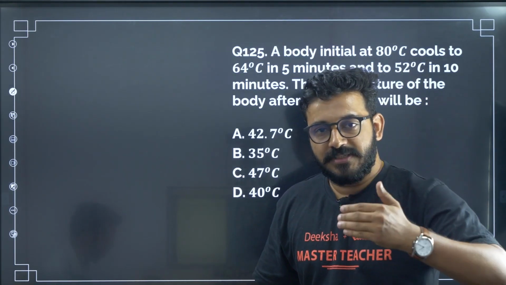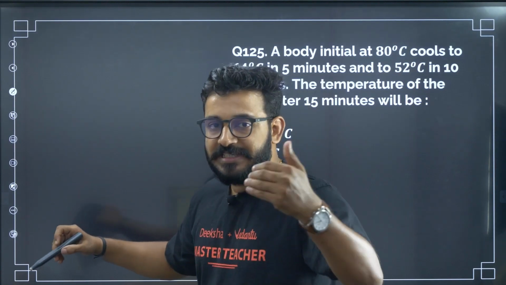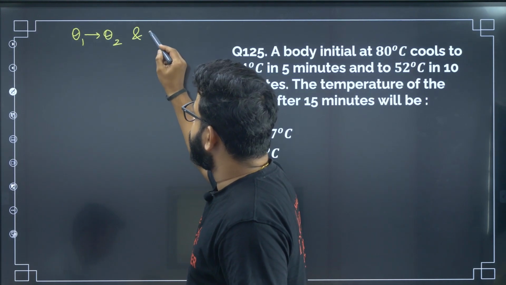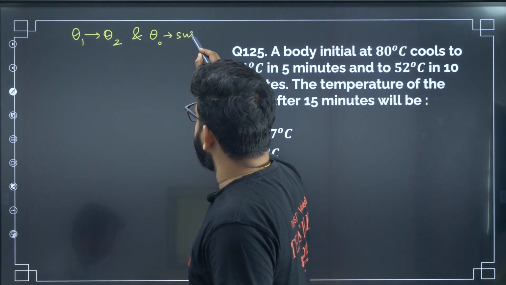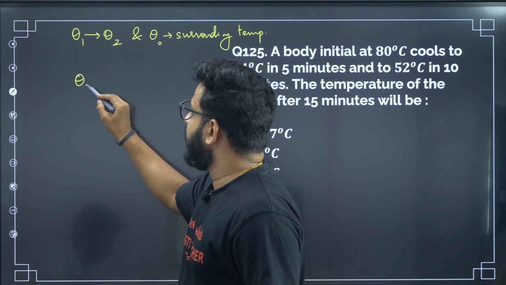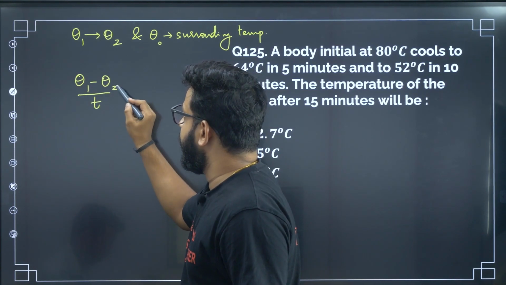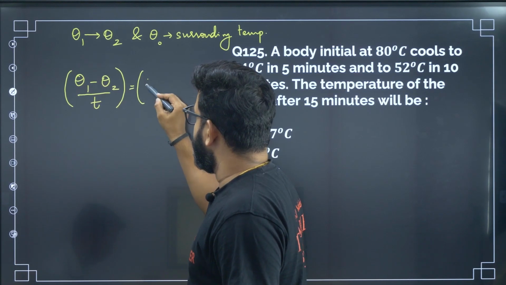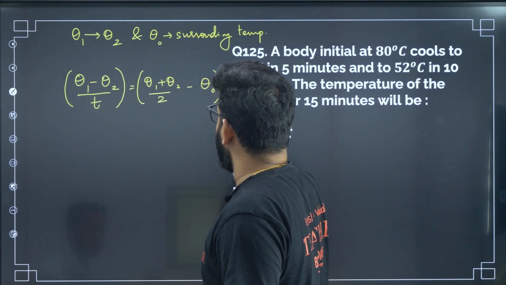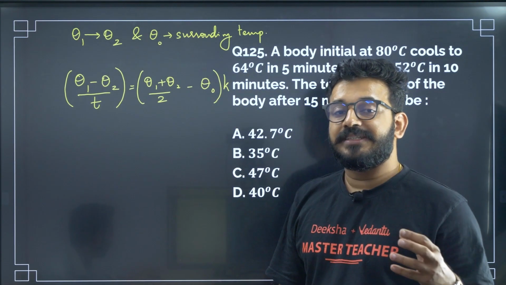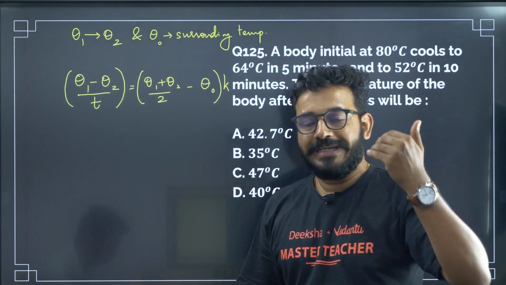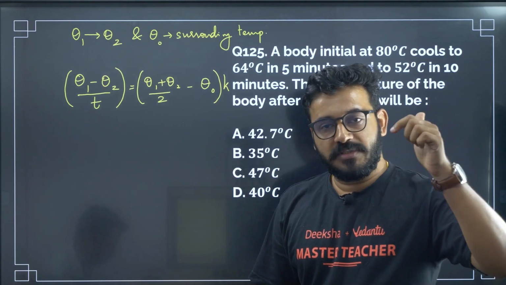So we have to see the stages, how the temperature is decreasing. For any stage, if the temperature is decreasing from theta 1 to theta 2, and theta naught is the surroundings temperature, then according to Newton's law of cooling, (theta 1 minus theta 2) divided by the time taken is equal to ((theta 1 plus theta 2) by 2, the average, minus the surroundings temperature) times a constant K. That means the rate of fall in temperature is proportional to the fall in temperature, how much the temperature has fallen.